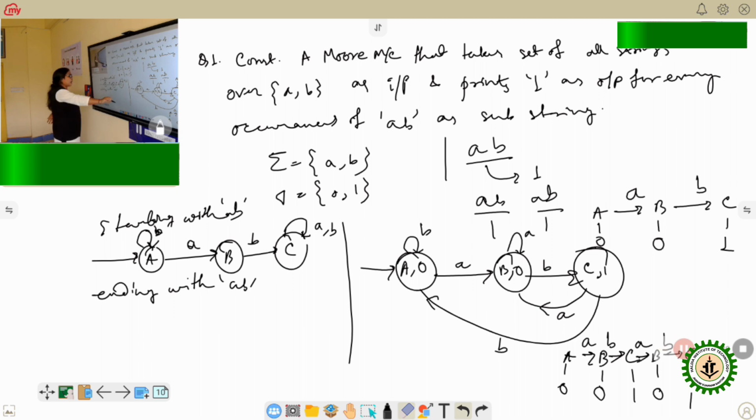So I cannot keep a count in this case either. But if we see ending with AB, that is the diagram.